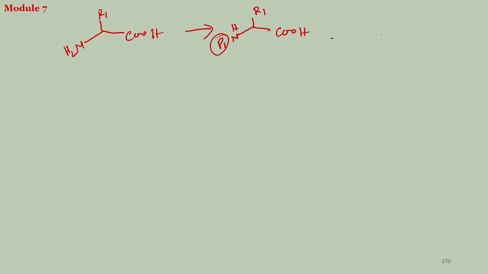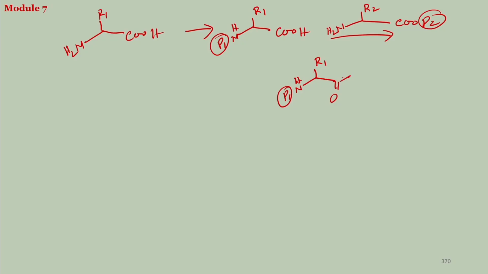This is the first, and then you add to it with the second amino acid, which will have a free amine group and a protected acid, as we have done before. Then you get NH, R2, COO P2.